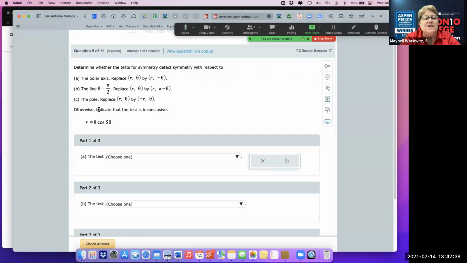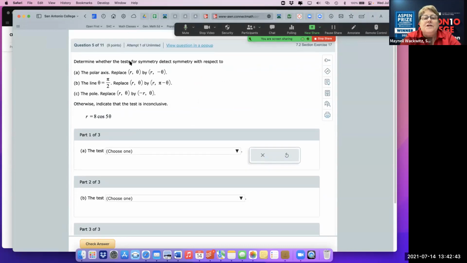So let's see, what is this one? 8 cosine 5 theta. So if I let all of the thetas be negative, is cosine even or odd? Even, that's right. And if you plug a negative into an even function, what can you do? It gets rid of it.